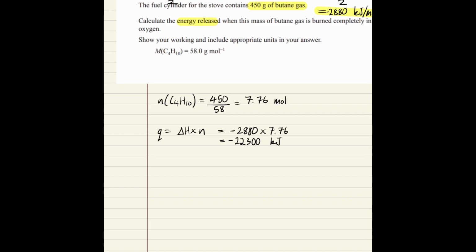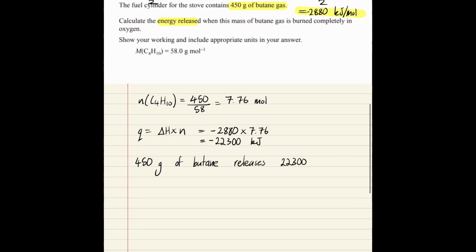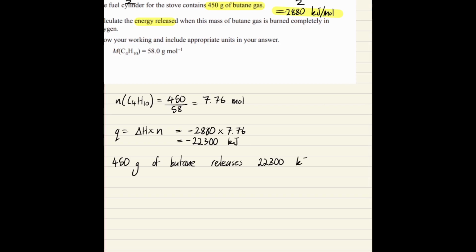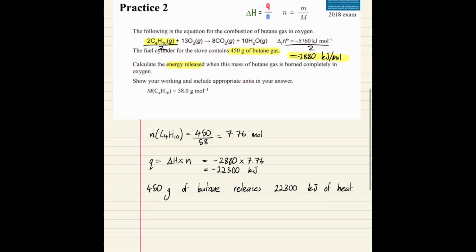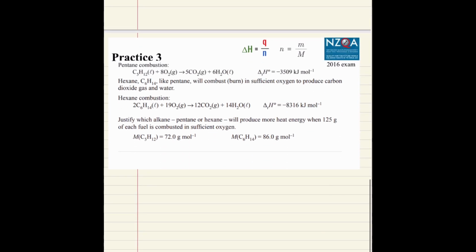So 450 grams of butane releases 22,300 kilojoules of heat. There.